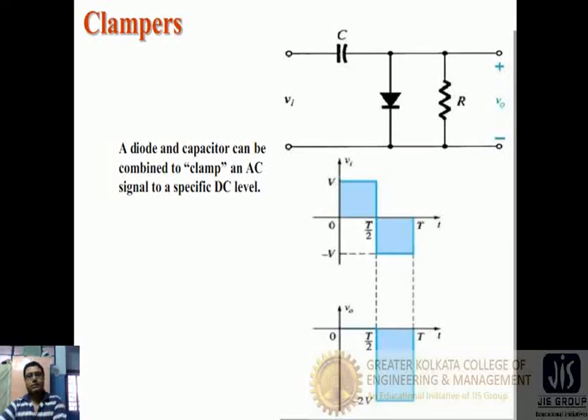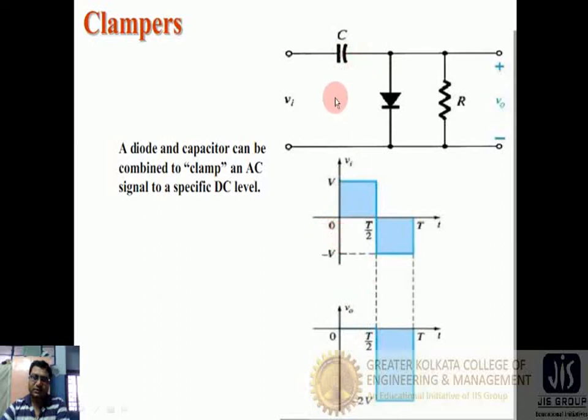If we understand this clamping circuit, this is the input signal which is applied at Vin. It's a square wave containing two peaks, V positive and V negative. In the first case, when it is positive, the diode is in forward bias and conducts, and for that there will be no output present.